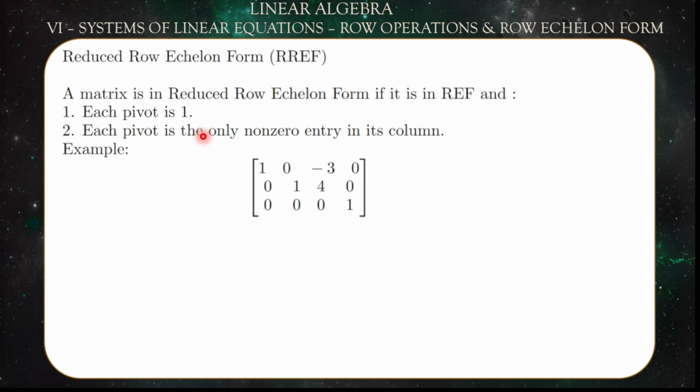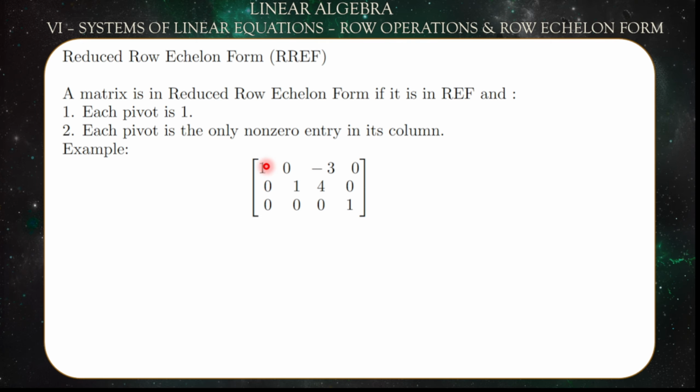So it is an REF except each pivot, or each leading entry within each row, that is different than 0, has all the other values within its column equal to 0. So each pivot is 1, not anything else. And each pivot is the only non-zero entry in its column.